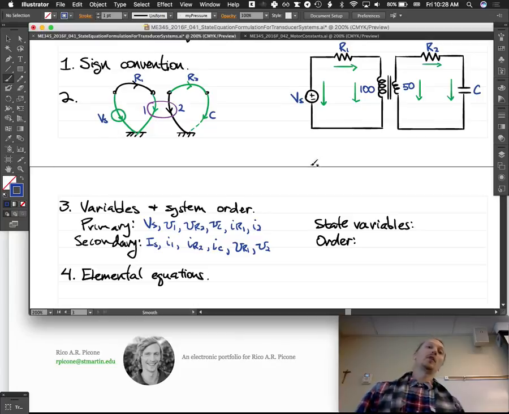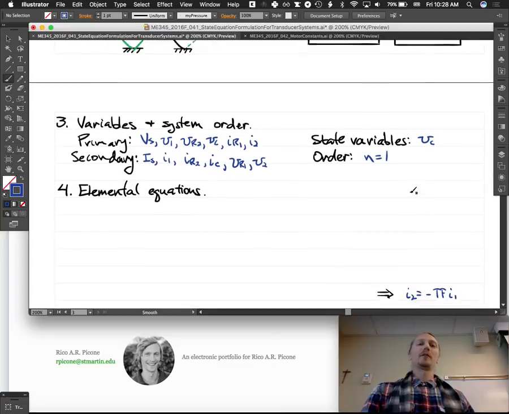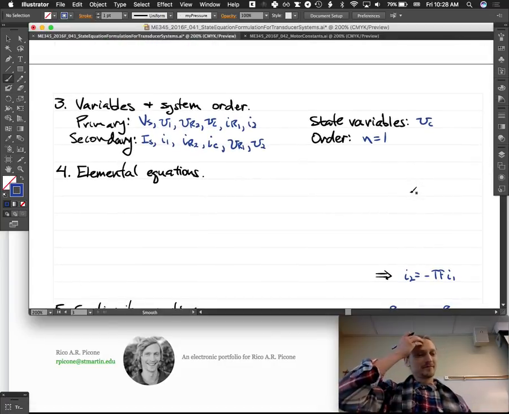There's only one A-type, and it's in the normal tree. So it's the across variable because it's in the normal tree, VC. So it's a first order system, right? N equals 1. Super easy. You guys are probably really disappointed it's not higher order than that.